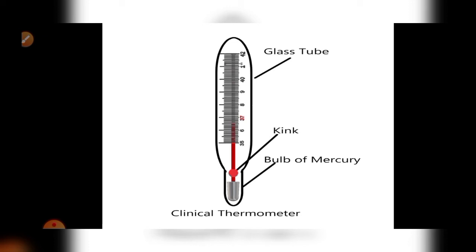When the thermometer bulb is removed from the mouth of a patient, the kink prevents the mercury level in the thermometer tube from falling on its own. So, even when the thermometer bulb is removed from the mouth of a patient, the mercury thread will keep standing at the maximum level reached. Due to this, we can read the correct body temperature of the patient even after removing the thermometer bulb from his mouth.